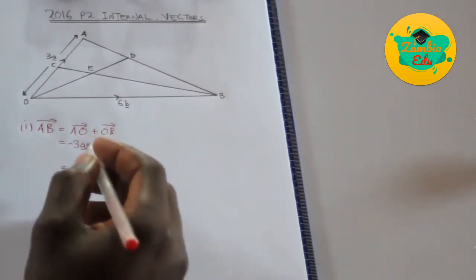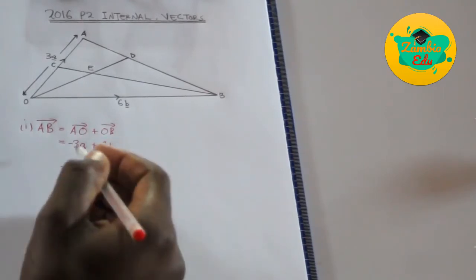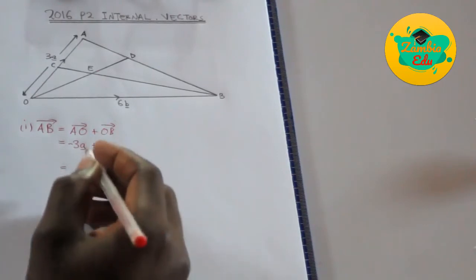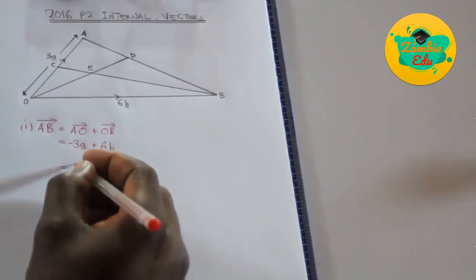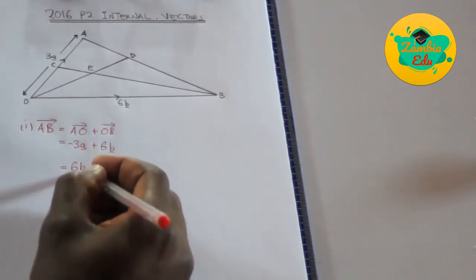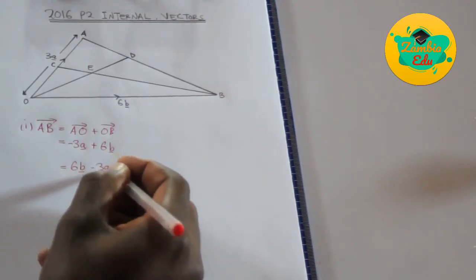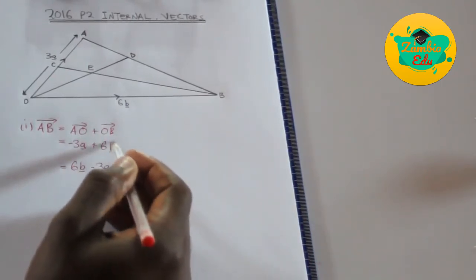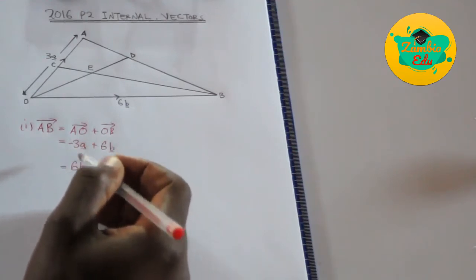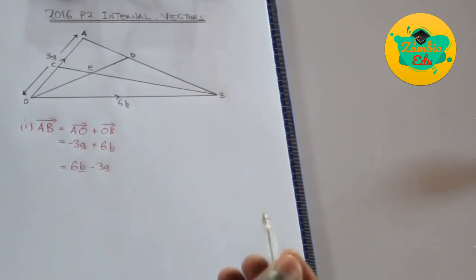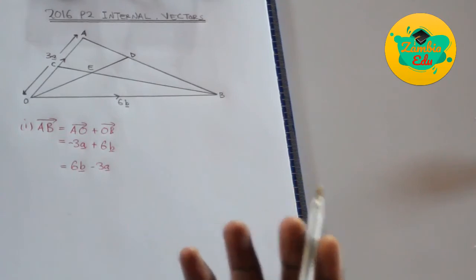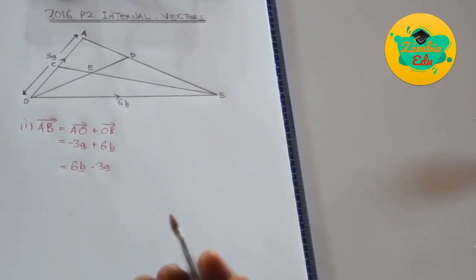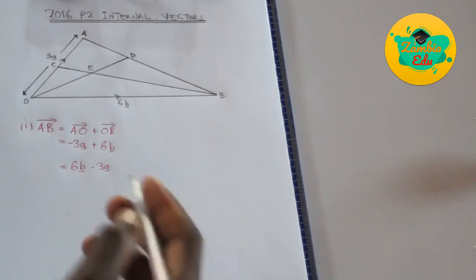Therefore, our answer, well, this is okay the way it is, but it's more preferred to make your vector be positive, so it becomes 6B minus 3A. There are no calculations which have been done there. We just swapped this, we've made it first. Is that our answer? Yes, that's okay. However, we can still factorize so that it looks better.